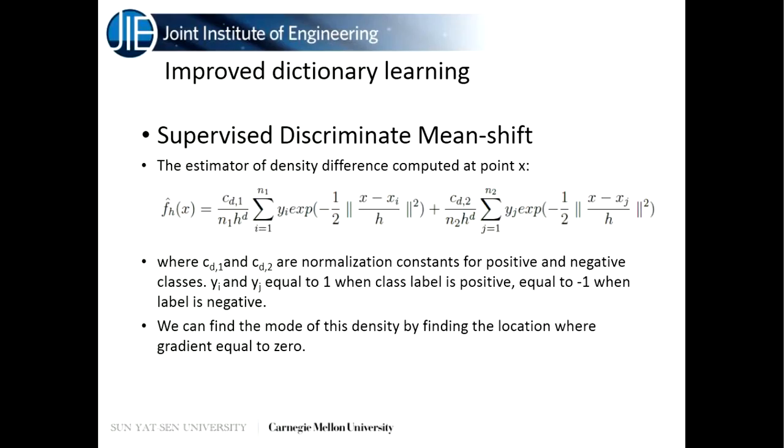We propose a supervised discriminative mean shift. The idea is that first of all we can build an estimator of the density difference computed at point x. You can see there are two terms. The first term is the ASD group, what is their density, and the second term is for the non-ASD group, what is their density.